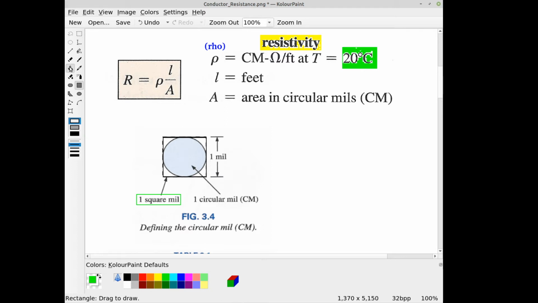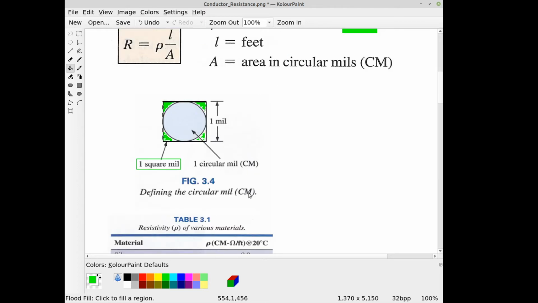However, if it's circular, these areas I'm marking here in green would not exist in a circular wire. So if we have a circular wire that has a diameter of 1 mil, these corner sections aren't going to be in that wire, so it's going to be smaller than a standard square mil.